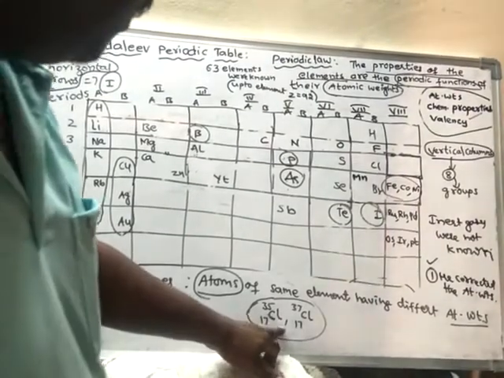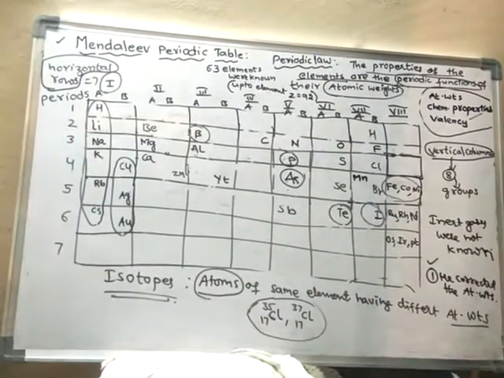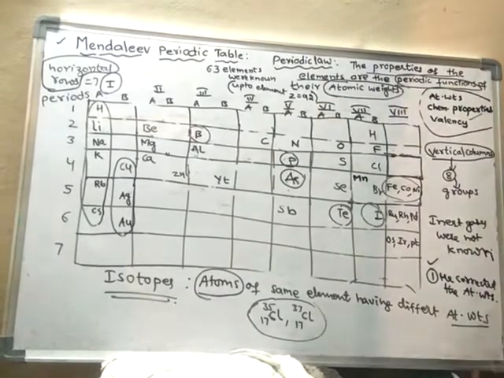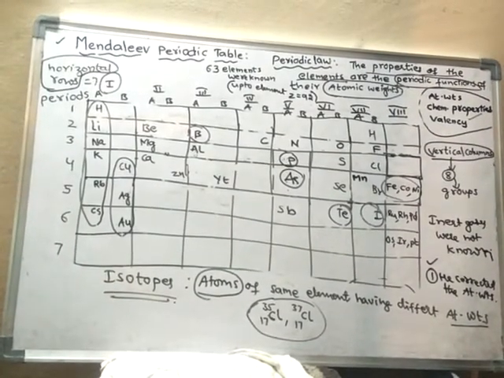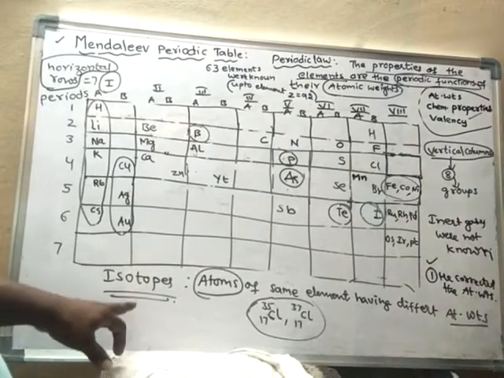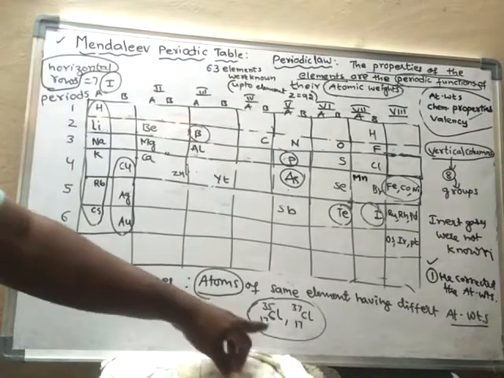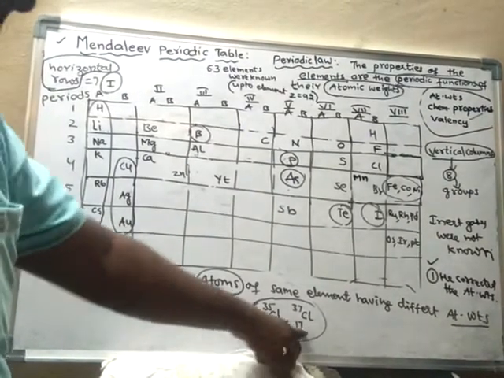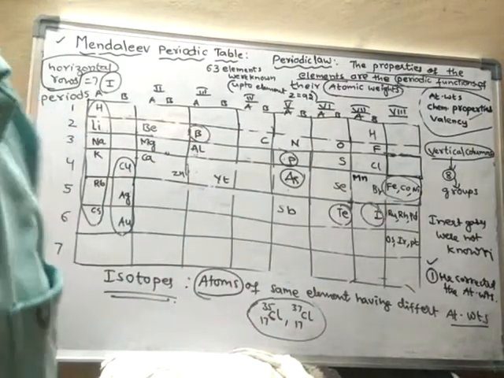If the chlorine is placed at two different places, then it will be a mistake, a demerit, because no element should be kept at two places. Hence, he didn't keep chlorine at two places. That is also one of the mistakes.